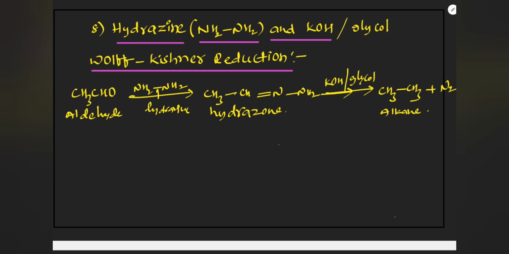Hydrazone with potassium hydroxide in glycol gives alkane.